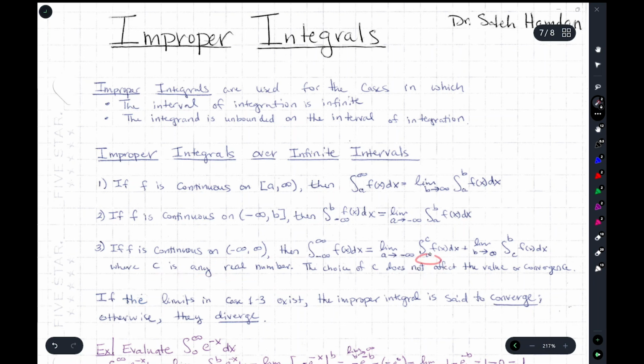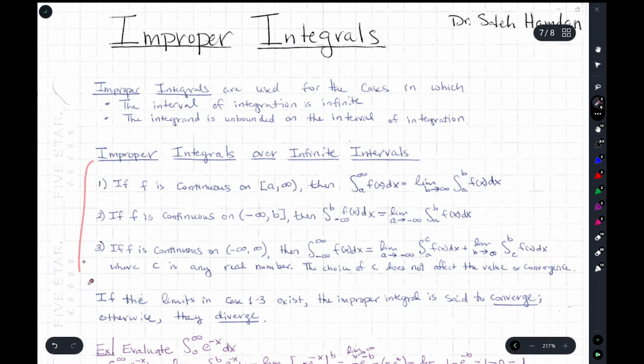Then you integrate from a to the real number c that you chose, and from c to b, and then you'll take two separate limits. Don't combine them. They're two separate limits: the limit as a goes to minus infinity for that, and you'll add the limit as b goes to infinity for that integral. Okay.